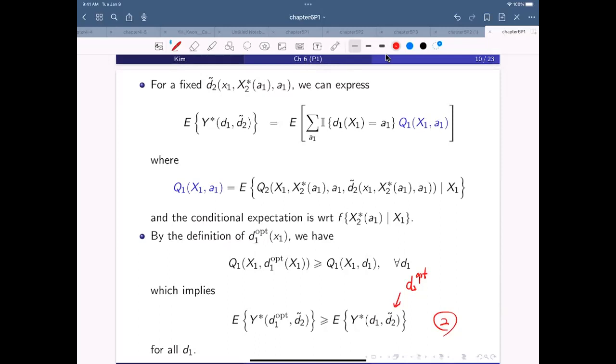But here the feasible set of the second step depends on D1. Right, so we have to go backward. Exactly, that's the point. That's a good point. So D2 depends on D1.